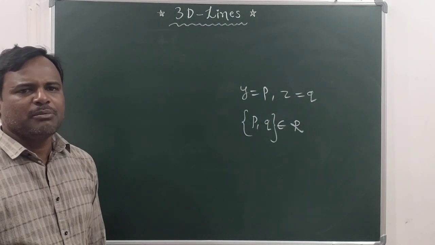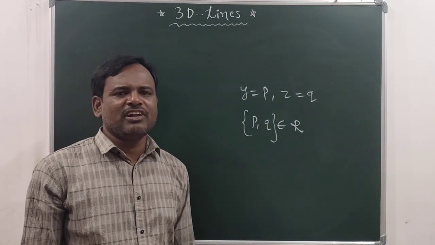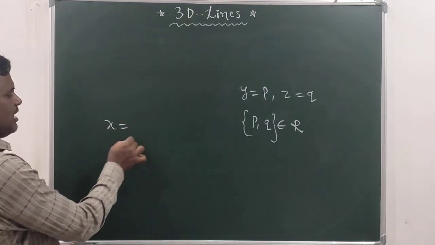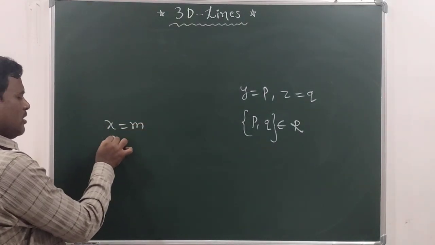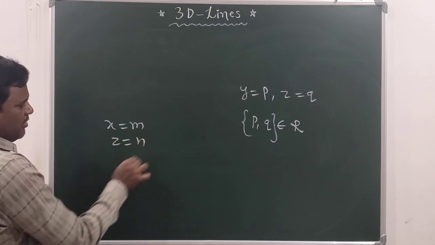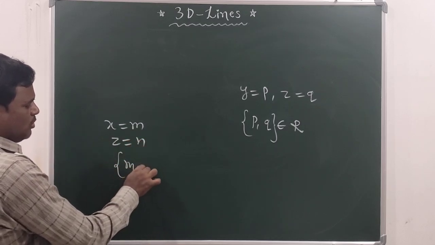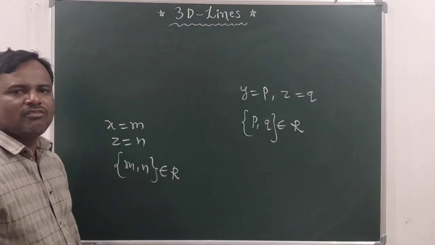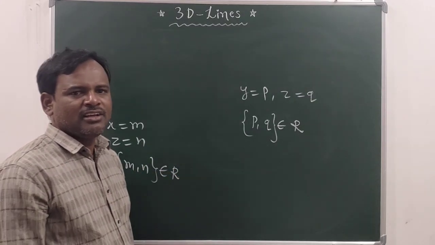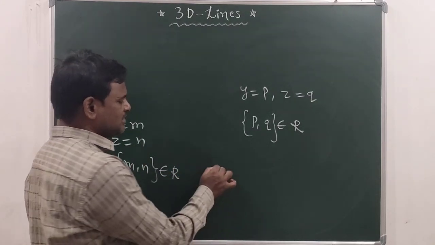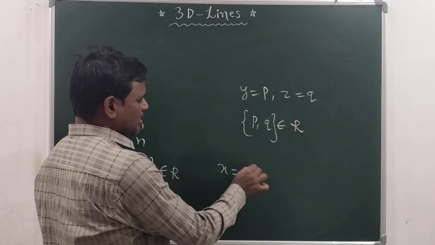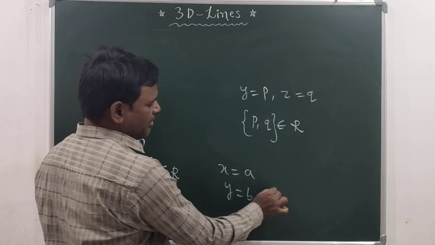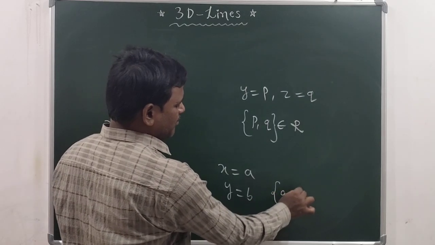In the same manner, the equation of a line parallel to the y-axis is x equal to m, z equal to n, where m, n belong to real numbers. The equation of a line parallel to the z-axis is x equal to a, y equal to b, where a, b belong to real numbers.